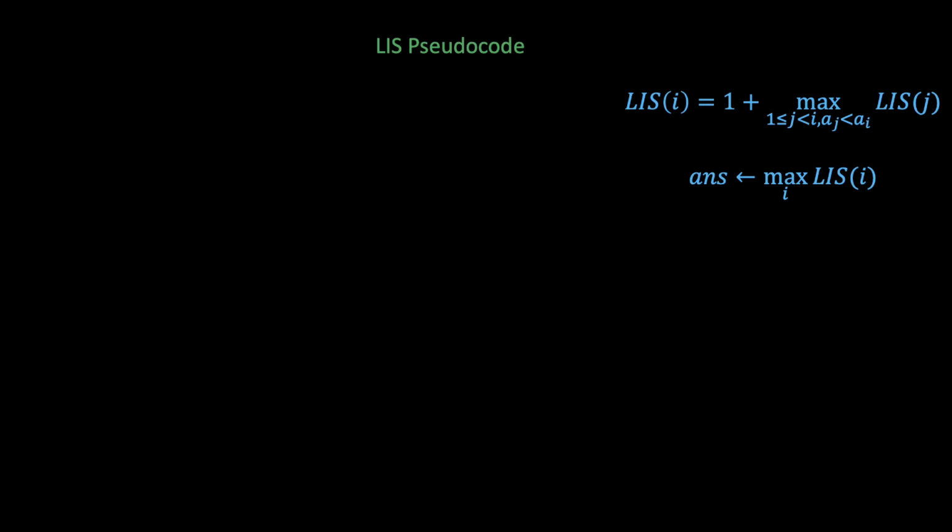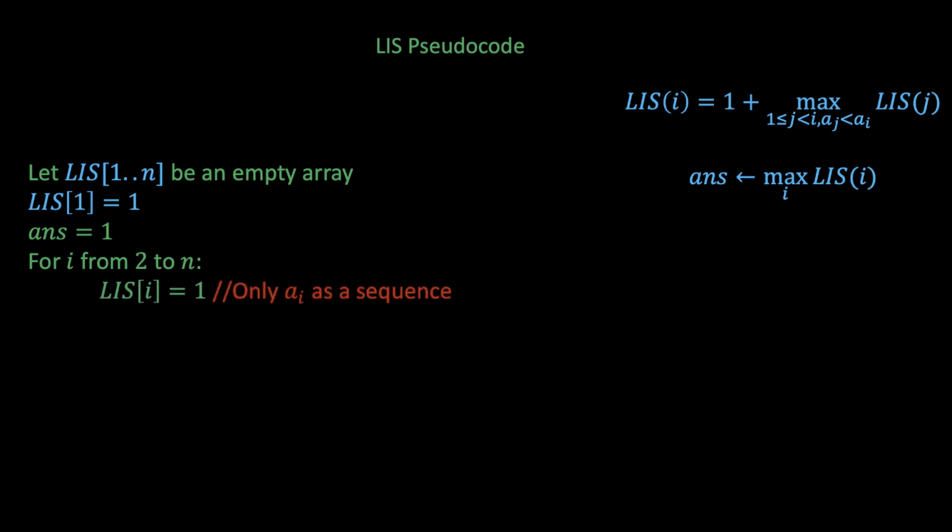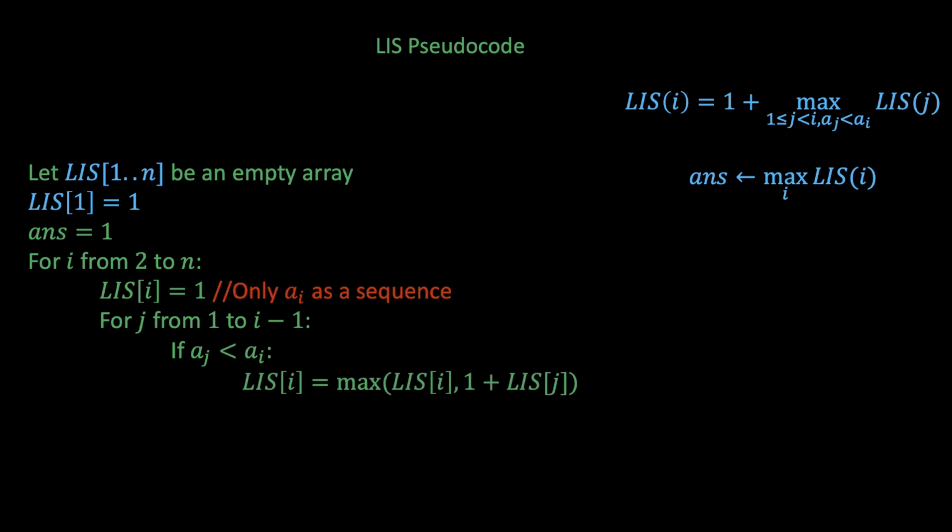Here's the pseudocode of the algorithm. We start by initializing an empty array LIS of length n. We set the base case LIS1 equals 1 and initialize answer as the maximum of LIS. Then we loop from i equals 2 to i equals n, set LISi equals 1, representing the sequence ending in ai and being ai only, then loop backwards with j from 1 to i minus 1, and if aj is less than ai, then update LISi as the maximum of LISi, the previous maximum, and 1 plus LISj.